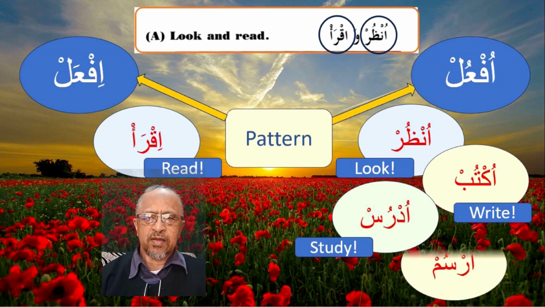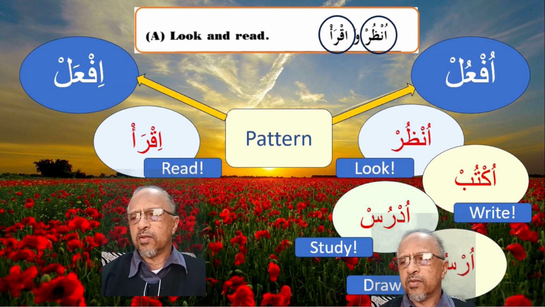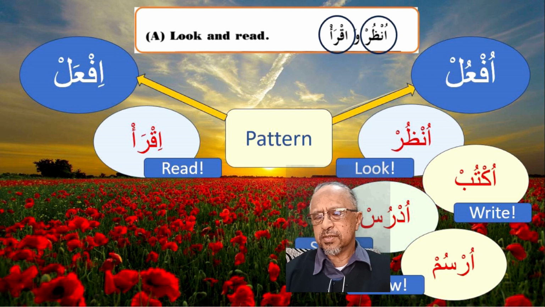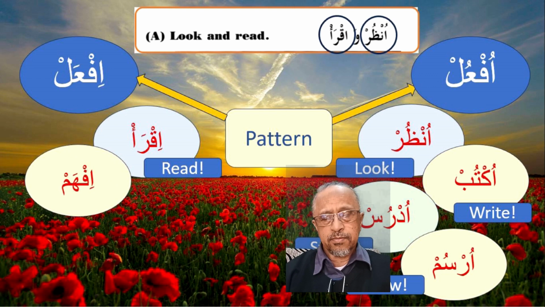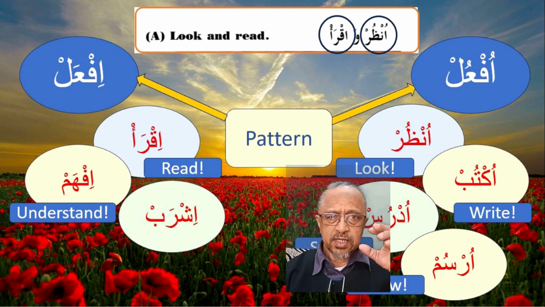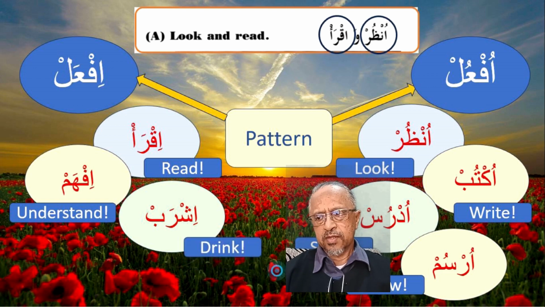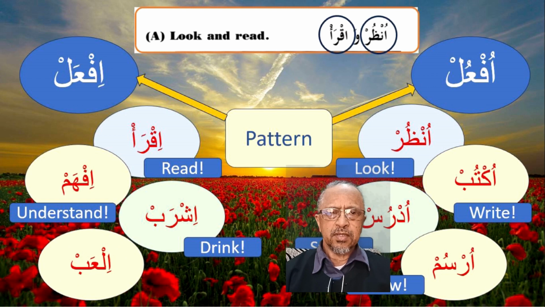And finally ursum, which is draw, illustrate, or sketch. On the iqra side, the if'al pattern, iqra means read, ifham means understand, ishrab means drink, and finally il'ab means play.